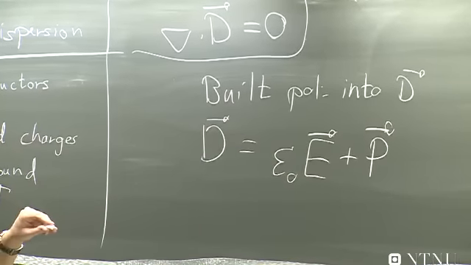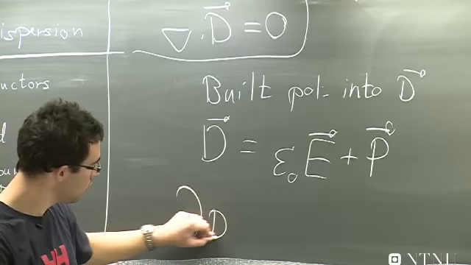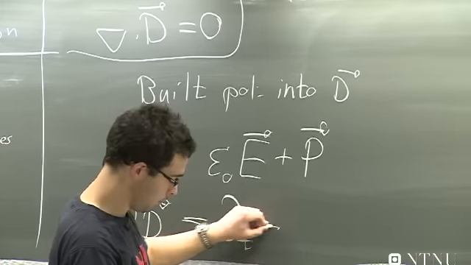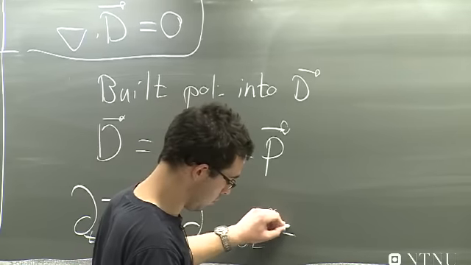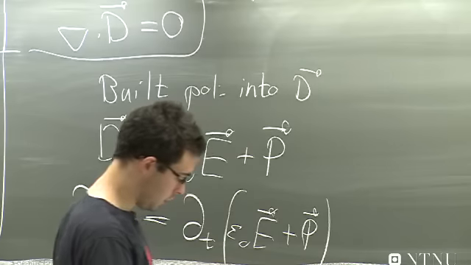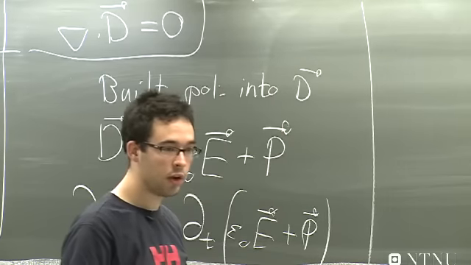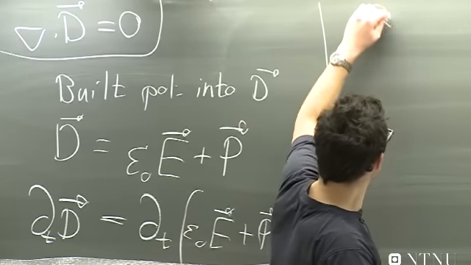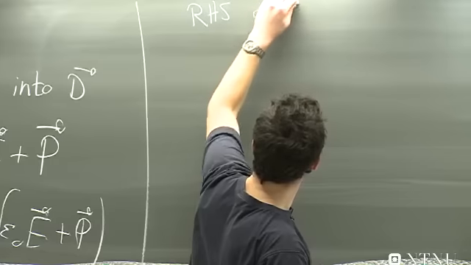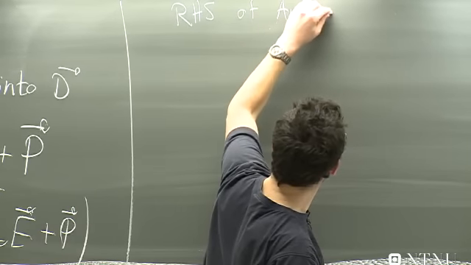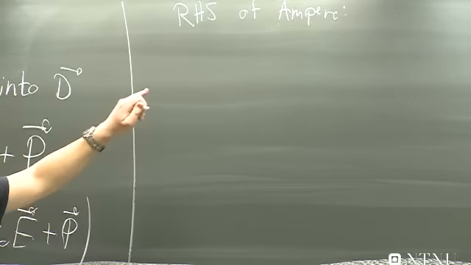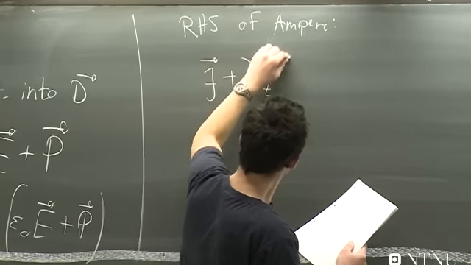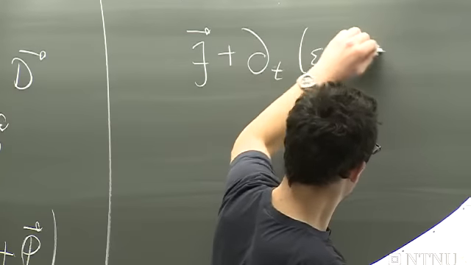And so the time derivative of this, which appears in Ampere's law, is just the time derivative of each term. Together with the current, this forms the right-hand side (RHS) of Ampere's law. So that is J plus the time derivative of (epsilon naught E plus P).